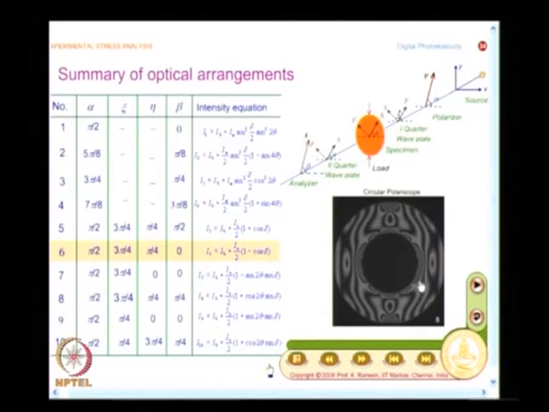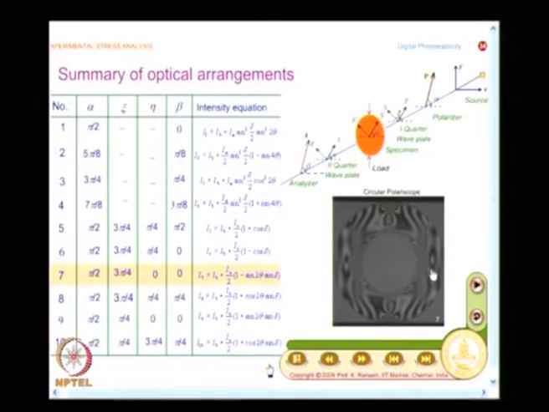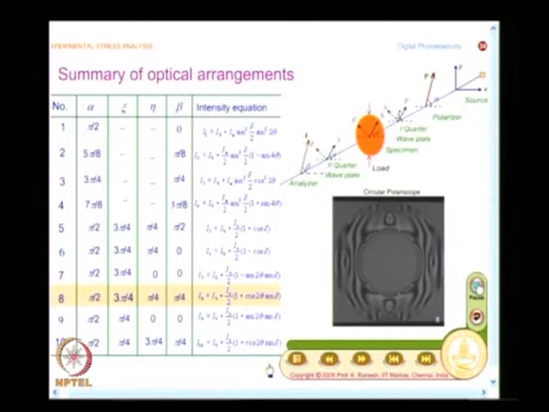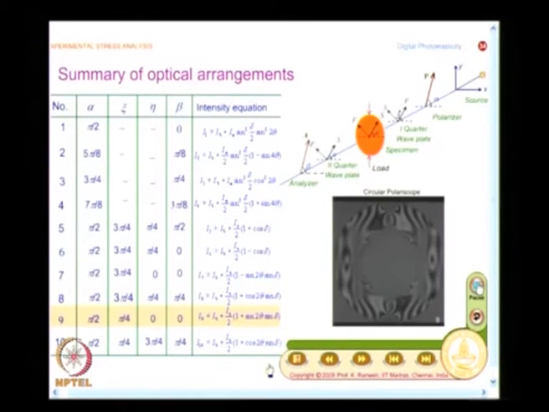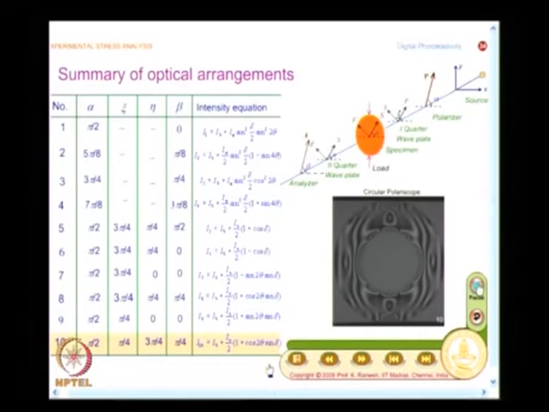So, if you look at the other arrangements, you will see unconventional patterns. The interpretation of these fringes as physical information is not possible. They are only representing intensity data. I have, let us say, 8th arrangement like this, 9th arrangement like this, and 10th arrangement.